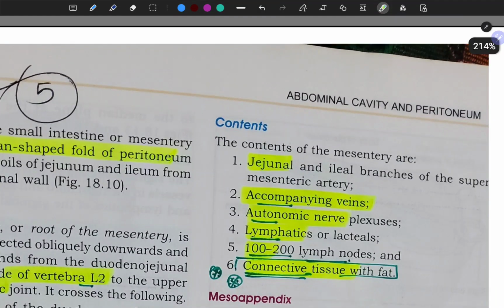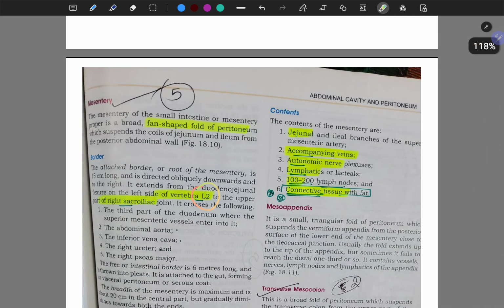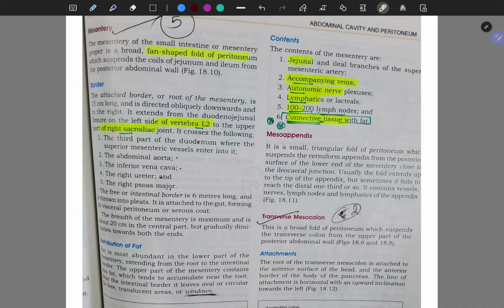So the contents of the mesentery are jejunal and ileal branches of the mesenteric artery, accompanying vein, autonomic nerve plexus, lymphatics, 100 to 200 lymph nodes, connective tissue with fat. L2 vertebra to the right sacroiliac joint. It crosses the following: third part of duodenum, abdominal aorta, IVC, right ureter, right psoas muscle.